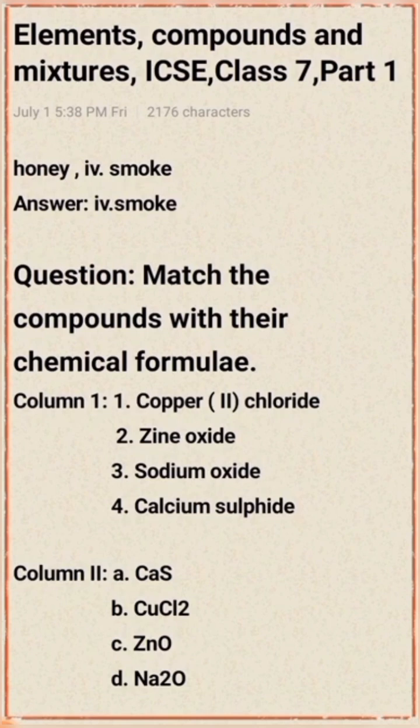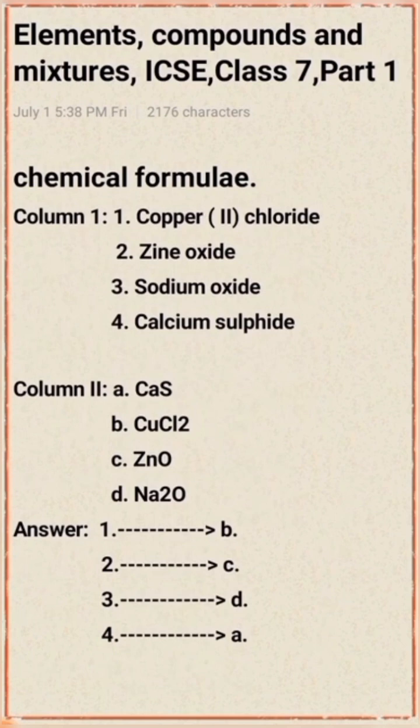Answers: 1, copper chloride, is B, CuCl2. 2, zinc oxide, is C, ZnO. 3, sodium oxide, is D, Na2O. 4, calcium sulfide, is A, CaS. Thank you my dear viewers, thank you students.